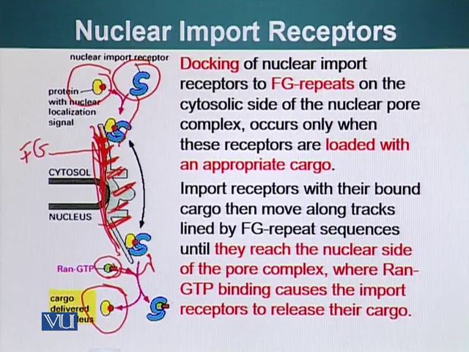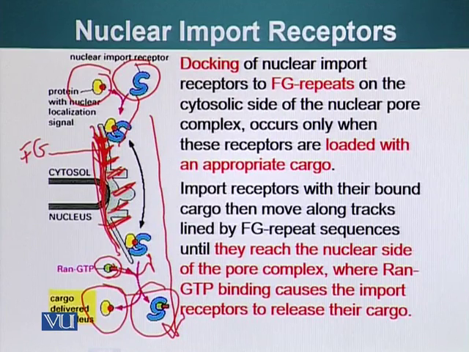And since we have RAN GTP in the nucleus only, we talked about that in the previous module. Since we don't have RAN GTP in the cytoplasm, this gives directionality to this process from the cytoplasm into the nucleus. Otherwise, movement of this receptor, dissociation, is a reversible process.